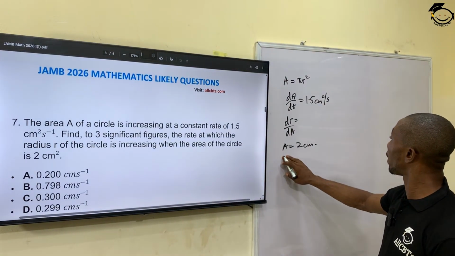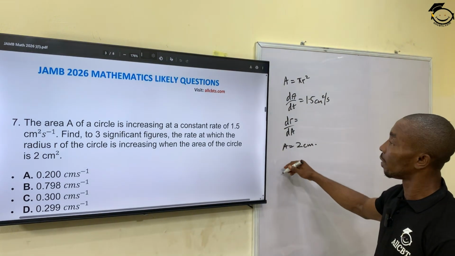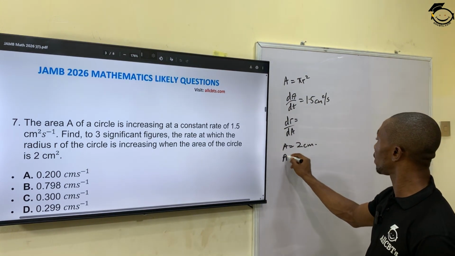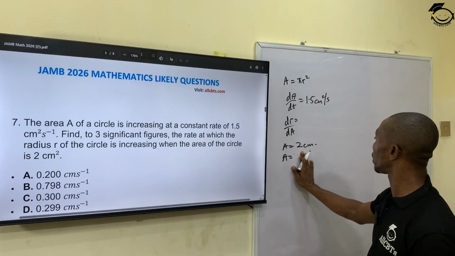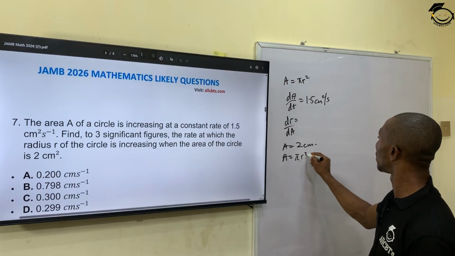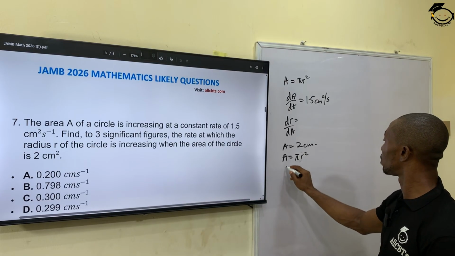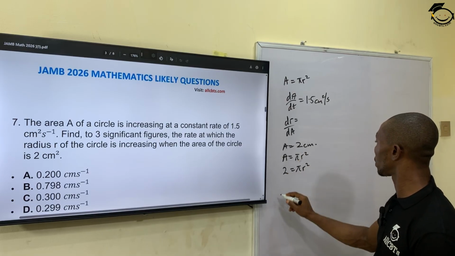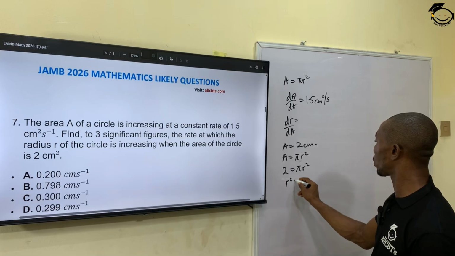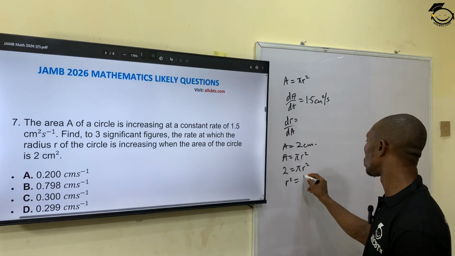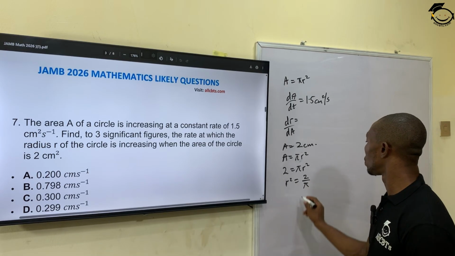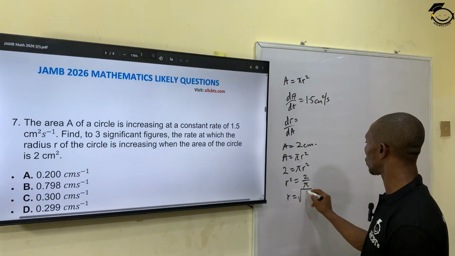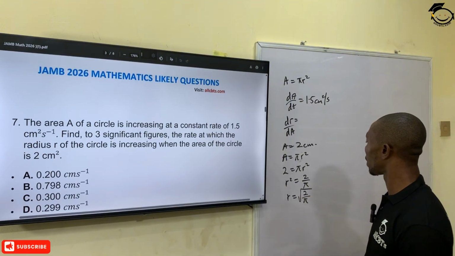So A equals pi r squared, and A is 2, so r squared equals 2 over pi. So our r equals root of 2 over pi.